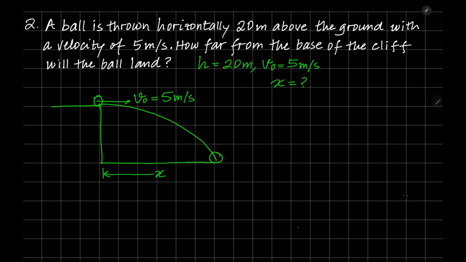This is the horizontal distance x. We are going to calculate the value of x, and the height of the cliff is 20 meters.